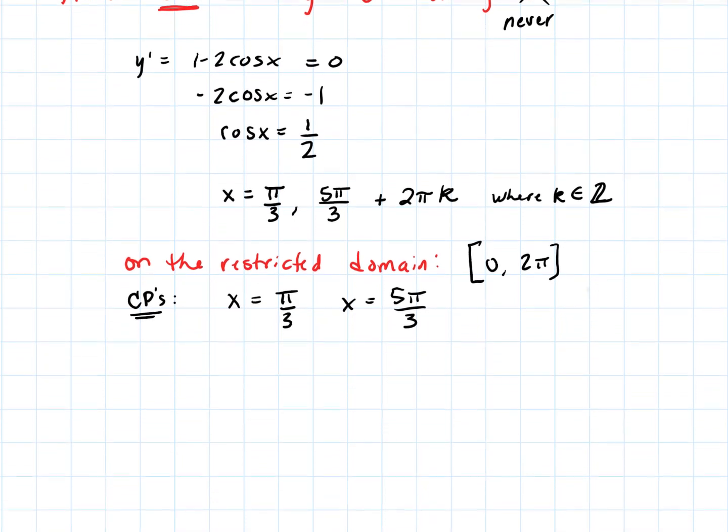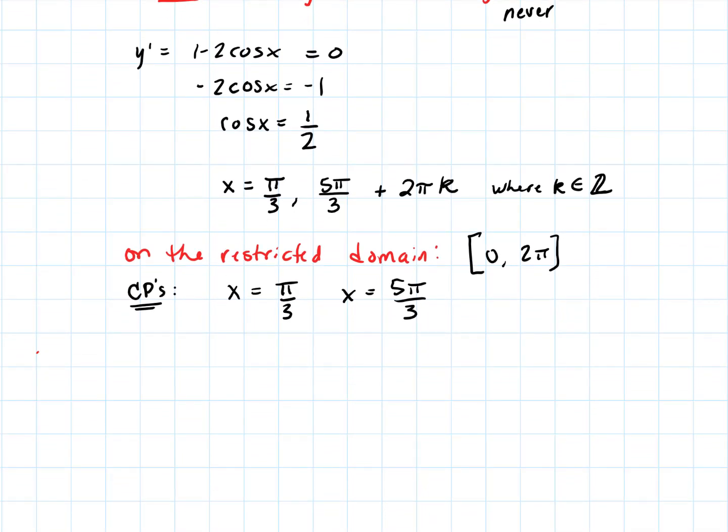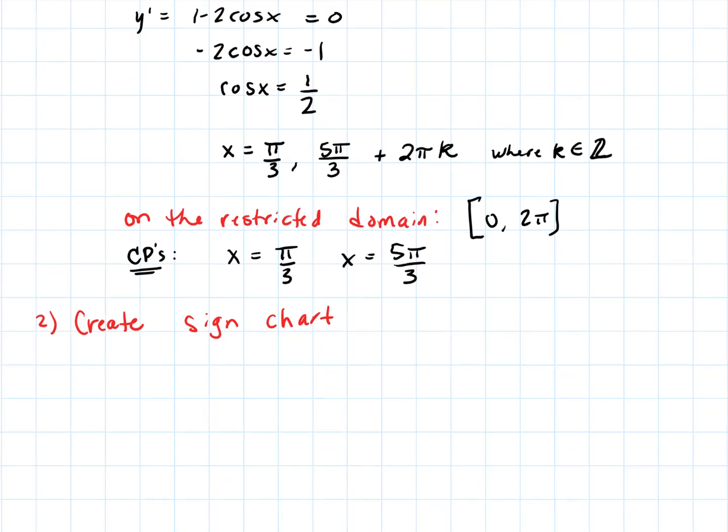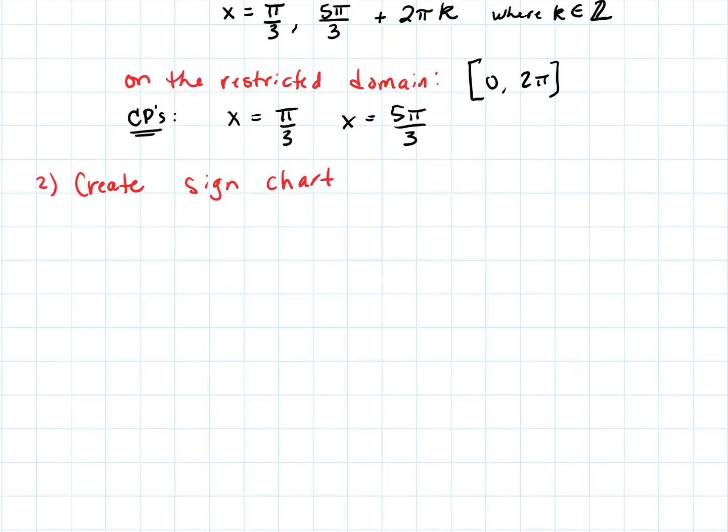So we're going to use those now to create our sign chart. So now our second step is create that sign chart. So in some previous examples, our sign chart went all the way from negative infinity to infinity. But this sign chart, and again, remember this is like a little snippet. It's just the horizontal axis from the rectangular coordinate system if we were to be graphing this function. So we're looking at the x-axis.